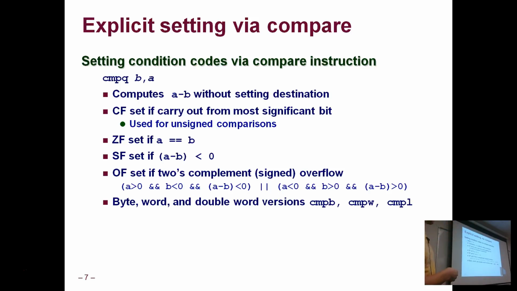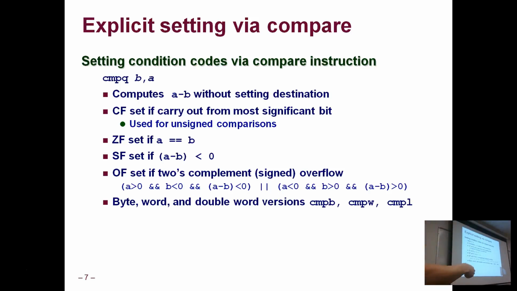And the overflow flag is set if you have this 2's complement signed overflow. So if you have a greater than 0 and b less than 0, and it turns out a minus b is less than 0, this indicates overflow, right? You have a positive number, you subtract a negative number from it, it should be a positive number.